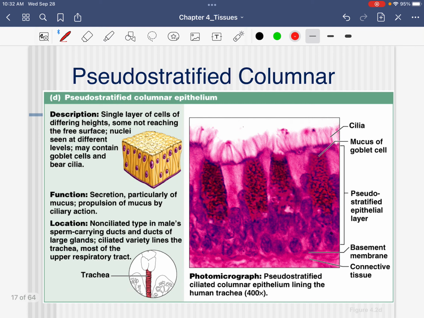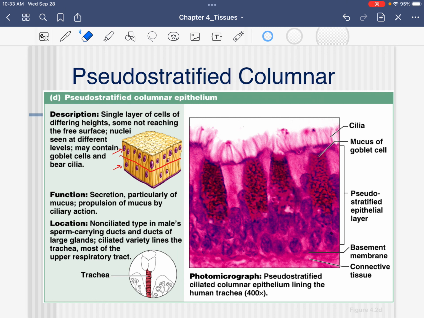Then we had this little outlier called pseudostratified columnar. In this one, the cells may appear to be stratified, hence the word pseudostratified. It may appear to be stratified only because some nuclei are higher in the column-shaped cell, some nuclei are lower. Therefore, it might appear to some that there's two layers, but there's really not.